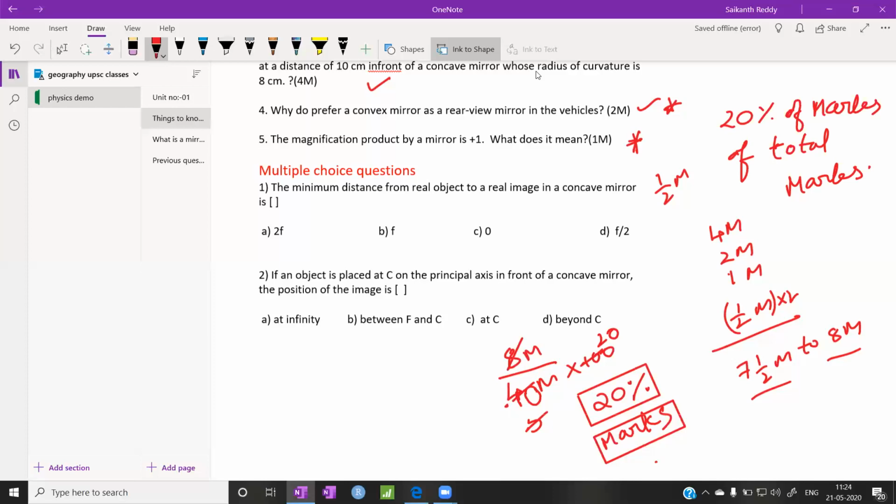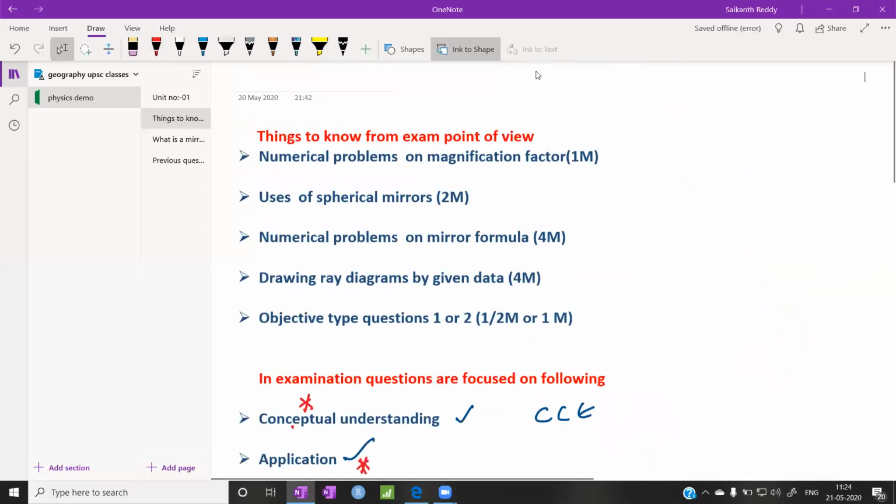Okay. In the next section, we are going to discuss all these concepts in detail. I just wanted to give a gist of the subject, what we are going to discuss, and what kind of view we need to have on the exam related to this chapter.